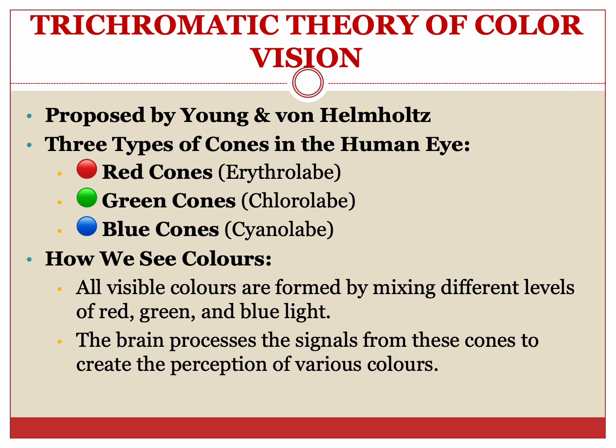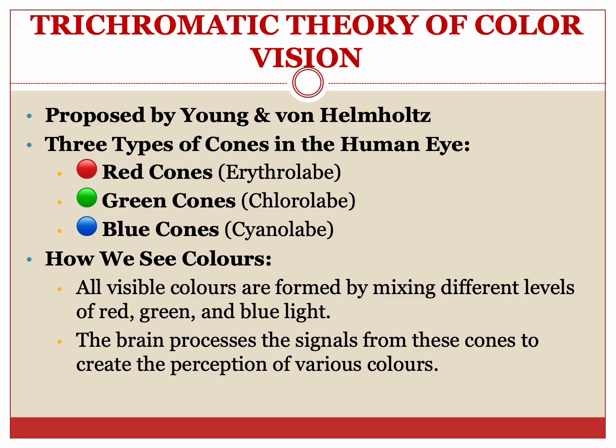We have the trichromatic theory of color vision, which was proposed by Young and von Helmholtz. According to them, there are three types of cones in the human eye: red cones, green cones and blue cones. Red cones are known as erythrolabe, green cones are known as chlorolabe and blue cones are known as cyanolabe. So how do we see colors? All visible colors are formed by mixing different levels of red, green and blue light.